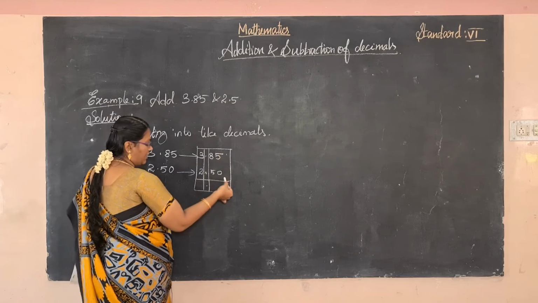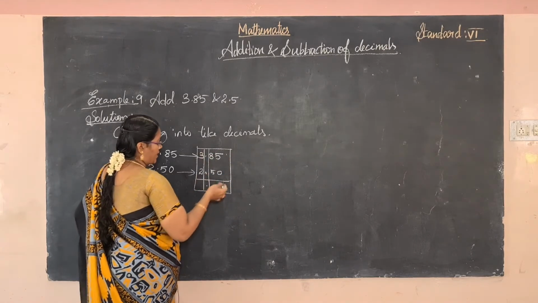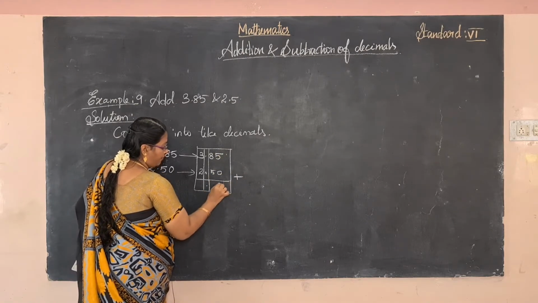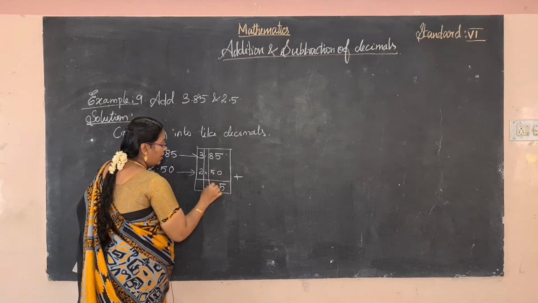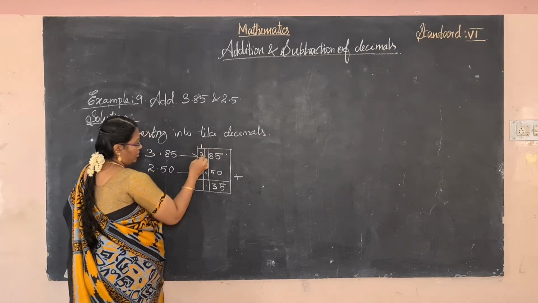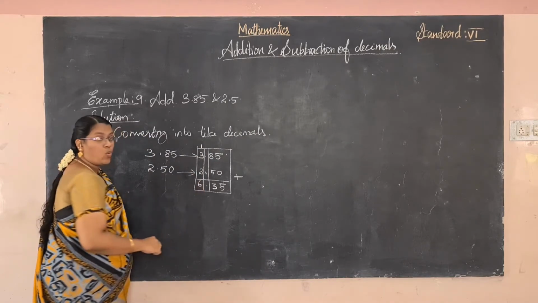First calculate the fractional part, that is the decimal part. 5 plus 0 is 5, 8 plus 5 is 13, write 3 and carry 1, 3 plus 1 is 4, 4 plus 2 is 6. So 6.35.